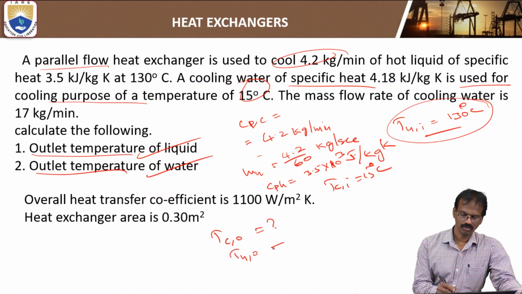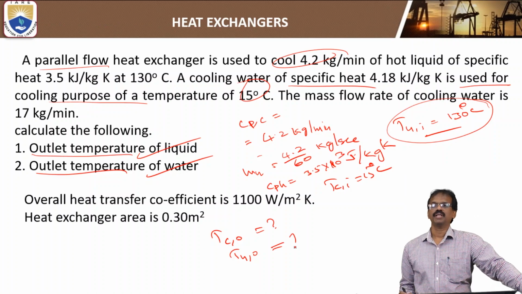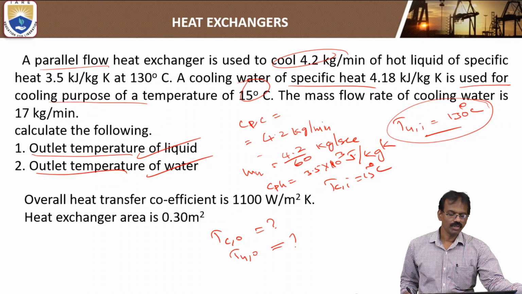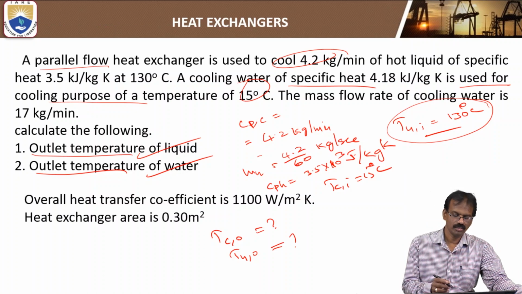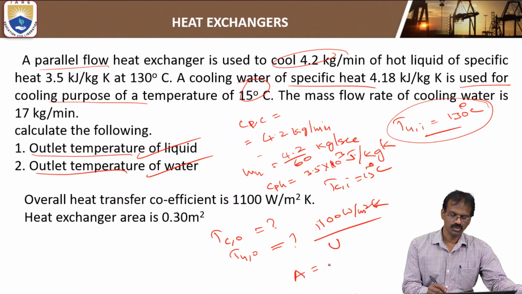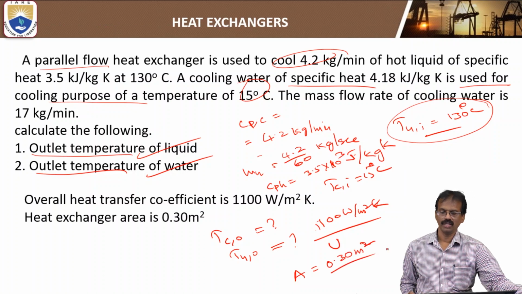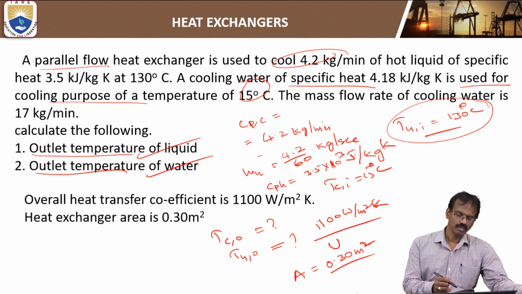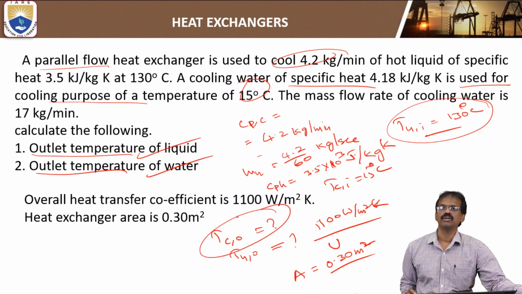So these are the solving parameters. The overall heat transfer coefficient is also given, 1100 watt per meter square Kelvin. So this is U. Area is also given: the area of the heat exchanger is equal to 0.30 meters square. So all the values are given. Then you have to find out Tc naught and Th naught.